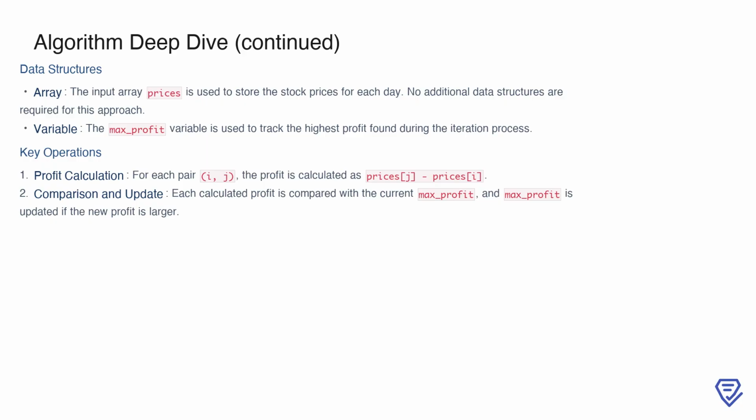This ensures we evaluate all possible buy and sell combinations. Then, we compare each calculated profit to the current max_profit. If the new profit is higher, we update max_profit to reflect this new value. Together, these operations form the core of the algorithm, systematically identifying the best possible transaction.